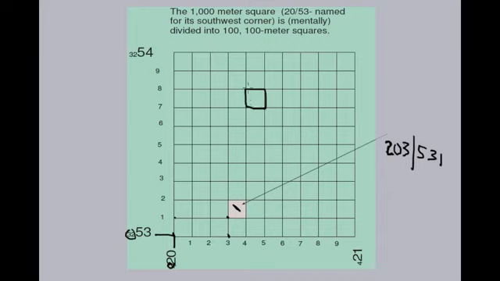Let's say that you were up in this square somewhere. Let's identify those coordinates. This point right here is 204 by 537. Here's our 7 out here.